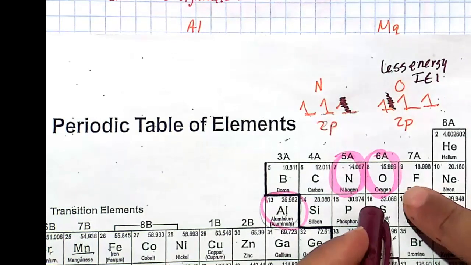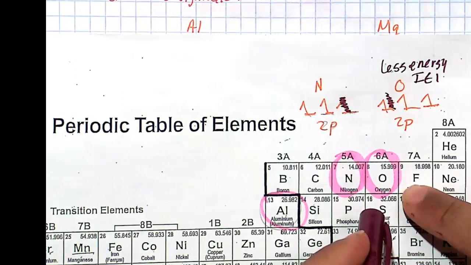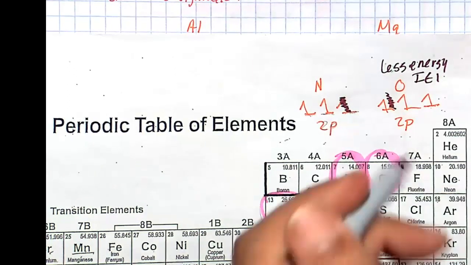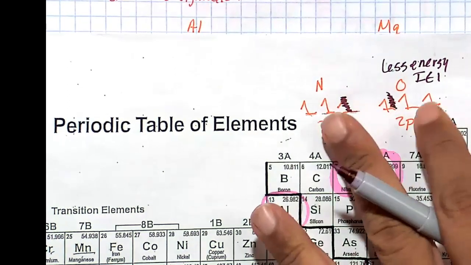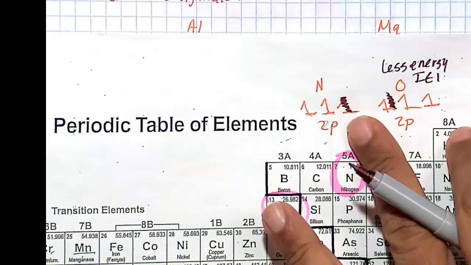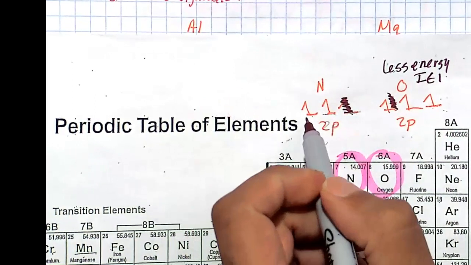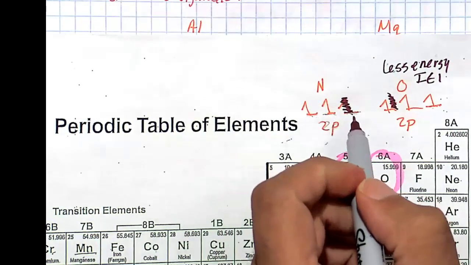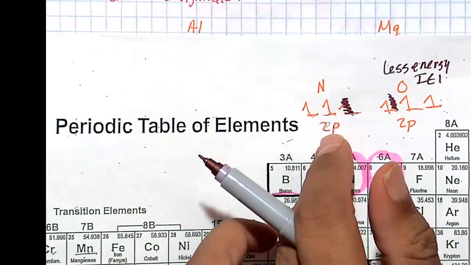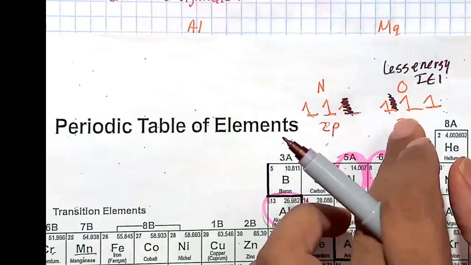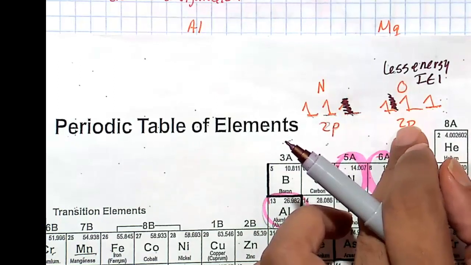So again, a violation of our general trend in ionization energy. It takes less energy to remove this electron from oxygen, because now you have everything unpaired and half-filled, than it is to remove this electron from nitrogen. This is generally, energetically speaking, not good, versus this, which is energetically favorable.